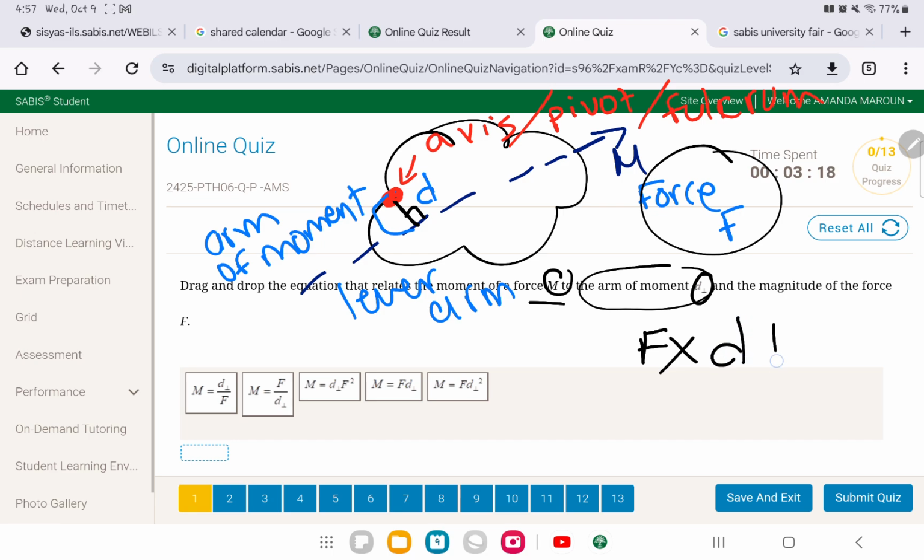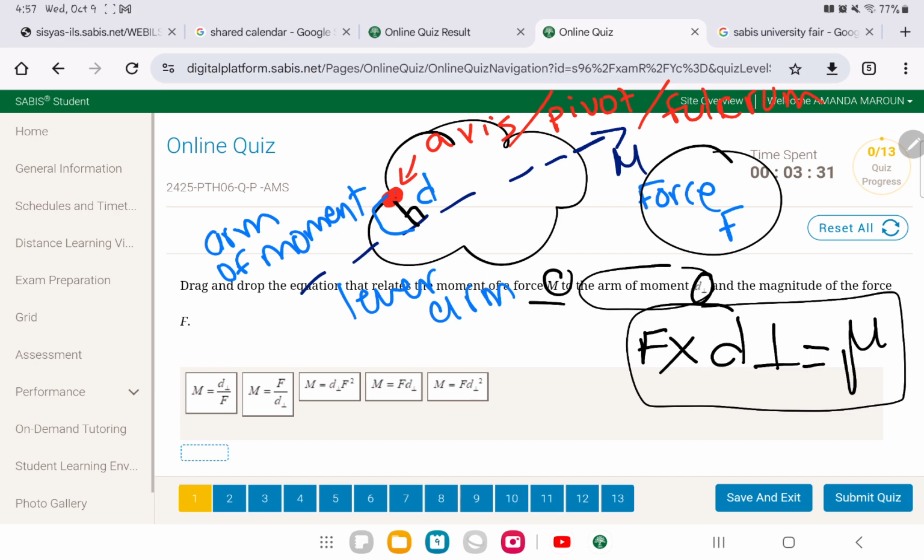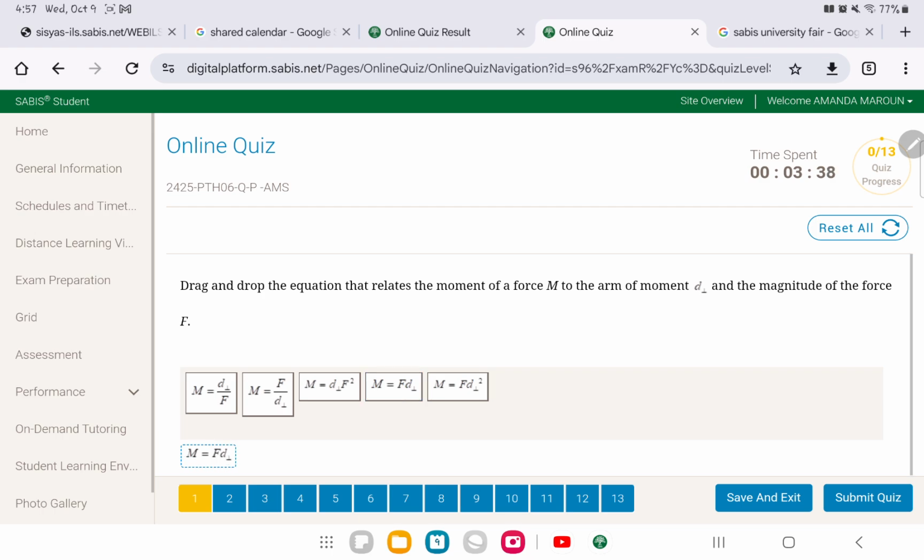That will be equal to our moment. So which of the following is equal to the equation that we just wrote? It is this one: moment is equal to force times perpendicular distance.